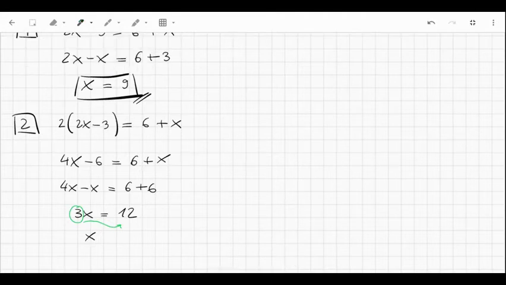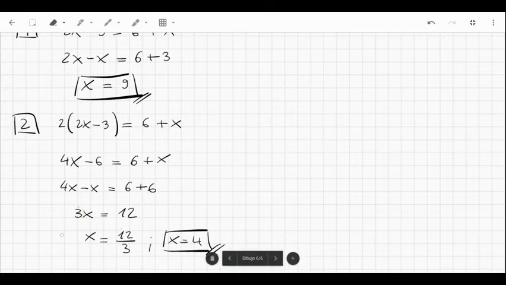So careful. 12 divided by 3. Finally, x would be equal to 4. Very important. Most of you tend to make the mistake of moving the 3 to the right side, subtracting. No, the 3 is multiplying, so it will pass dividing on the other member.